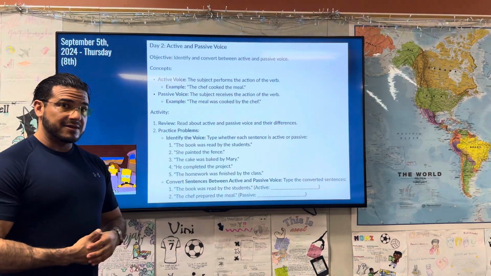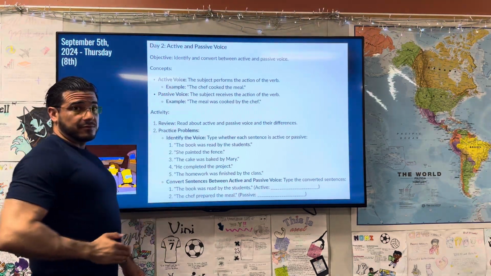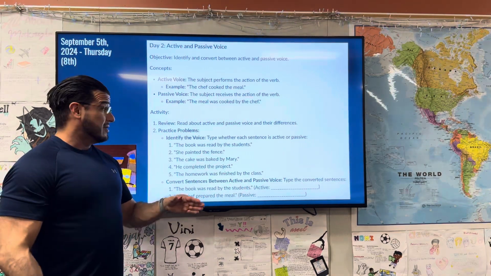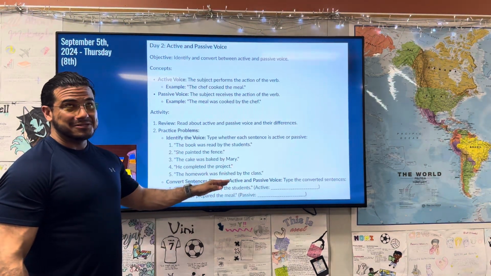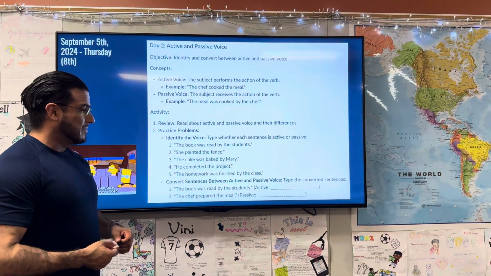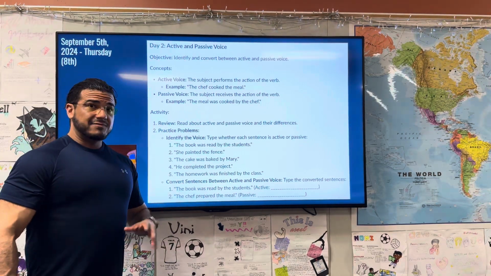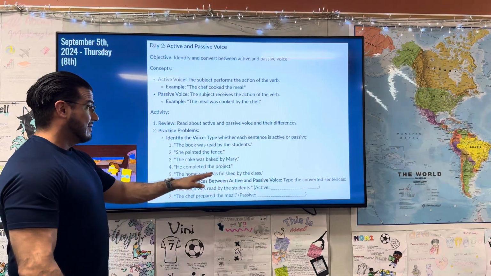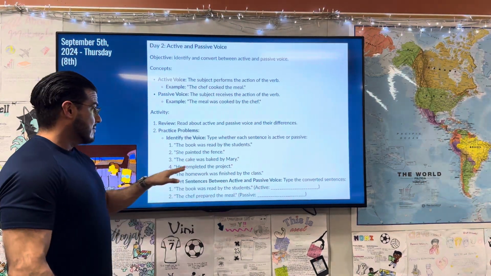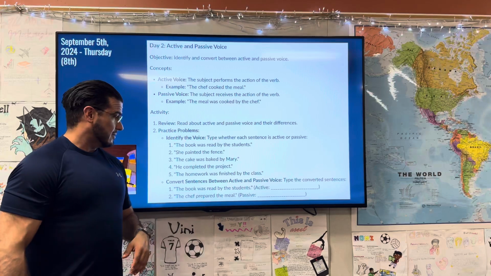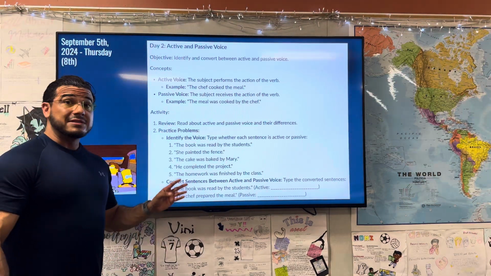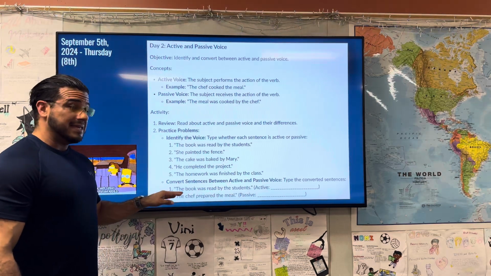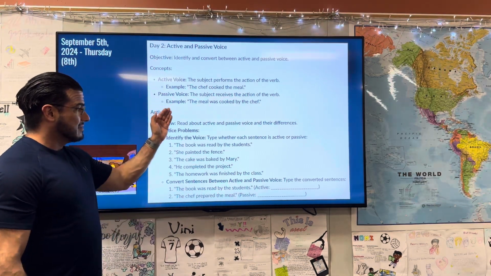So let's modify that one so that it's in its active voice form, in which the class are directly responsible for having finished the homework. So if I were to rewrite sentence five in the active voice form, I would say, the class, that's our subject, finished, which is our verb, the homework. Done.